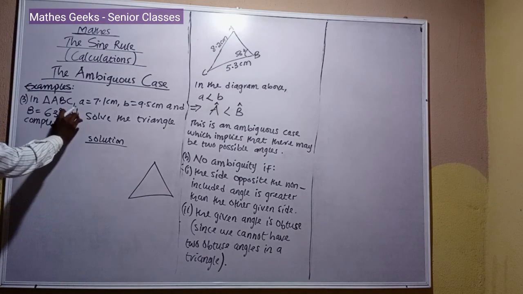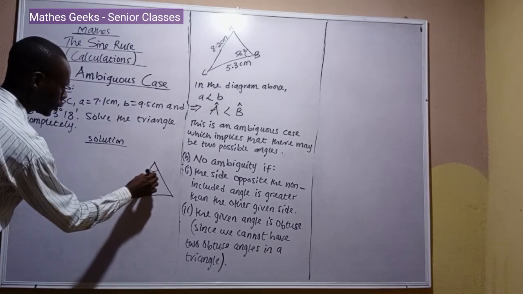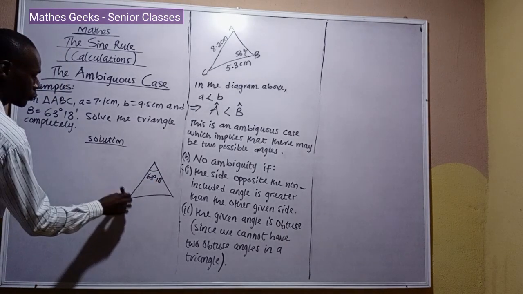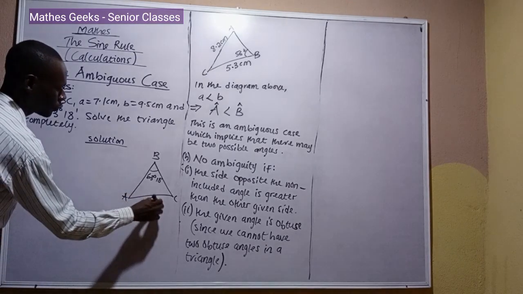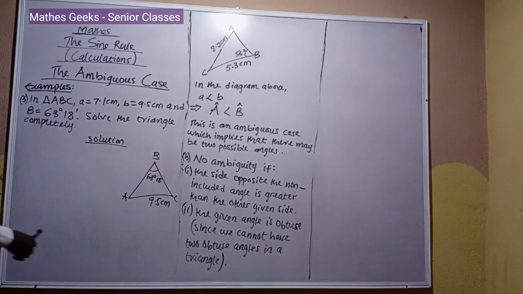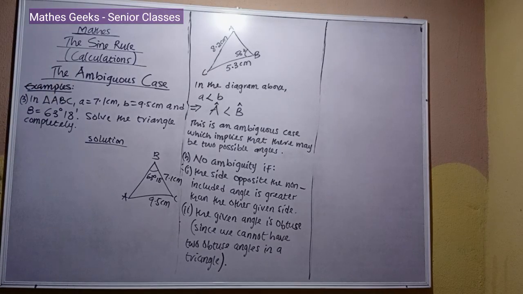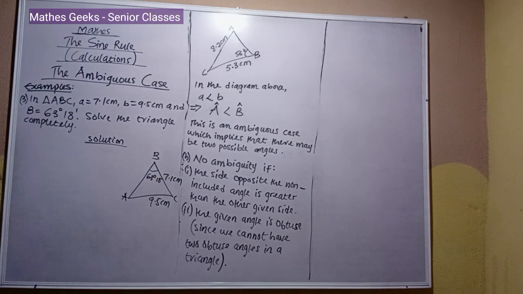So B is 63 degrees 18 minutes, and b is 9.5 centimeters, and a is 7.1 centimeters. So this fulfills the use of the sine rule, and also since we have a given side and a non-included angle, that means it could be a case of ambiguity.